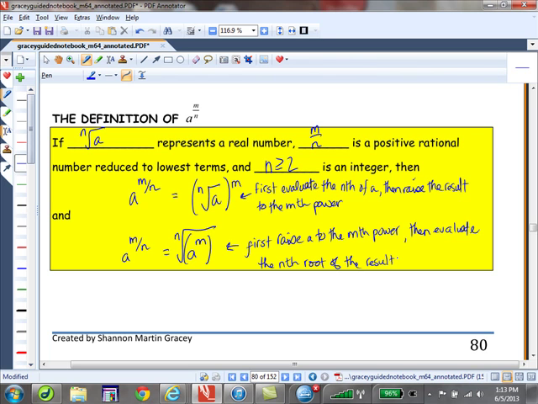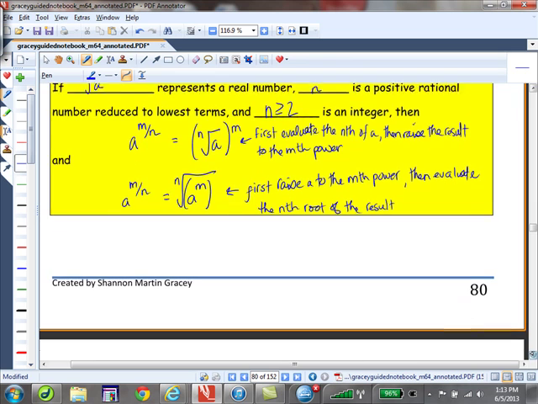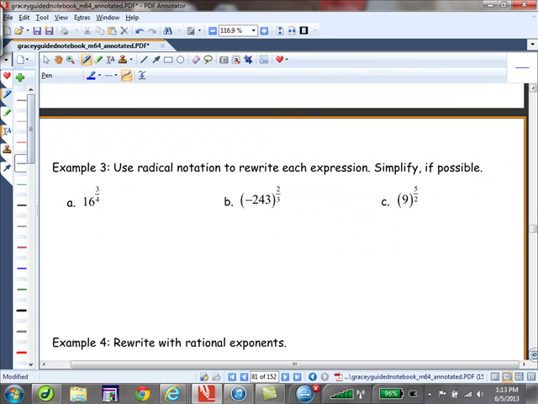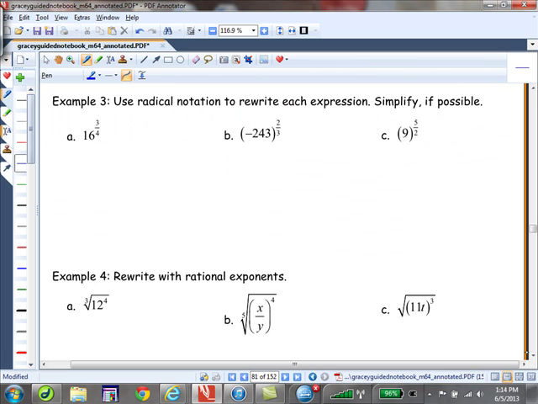Okay, so here we go with some more examples. So with this first part, we're going to use radical notation to rewrite each expression, and then we'll simplify if we can. So remember, what do we have? Good, power over root. So this will be the fourth root of 16.